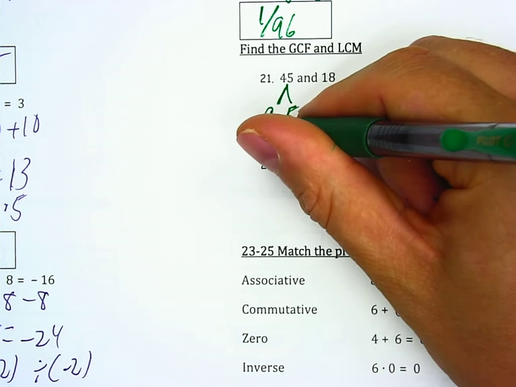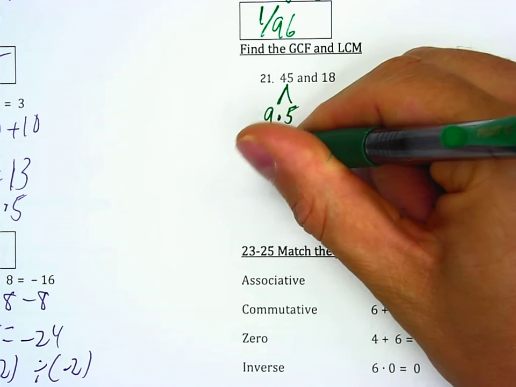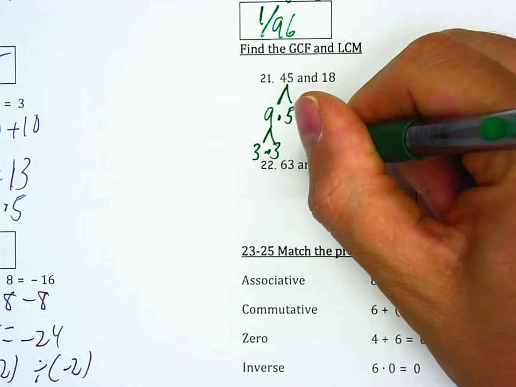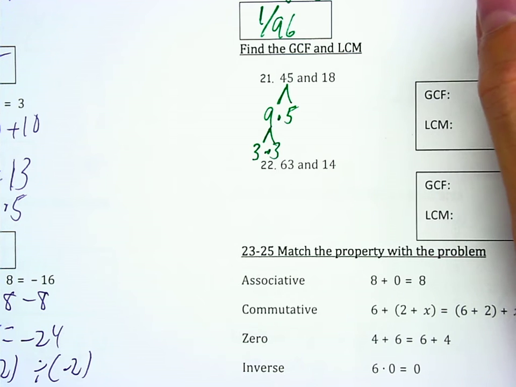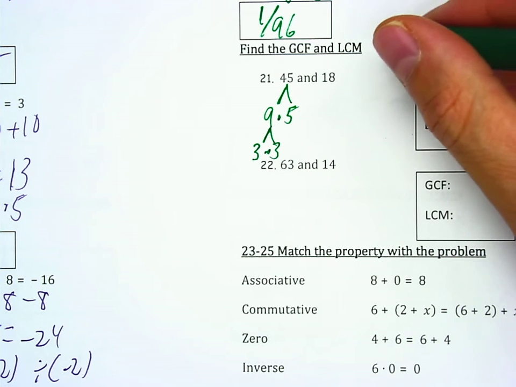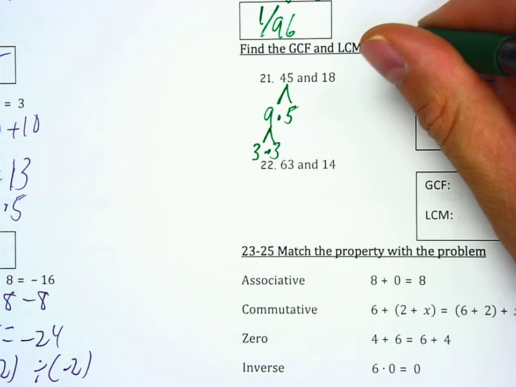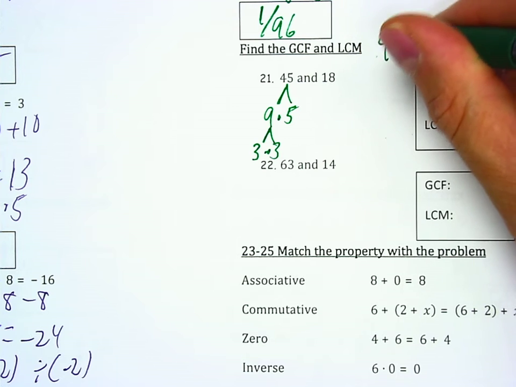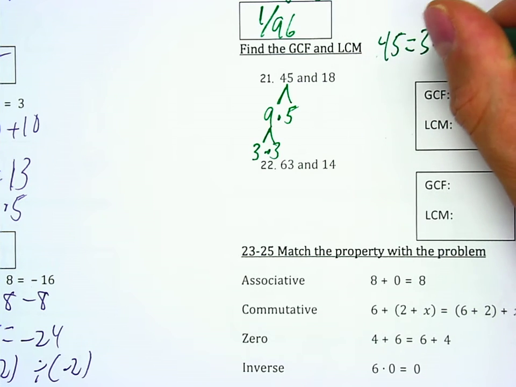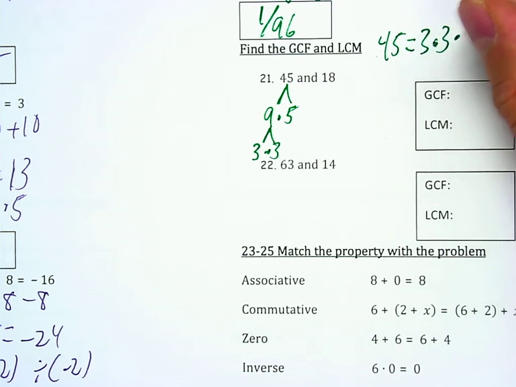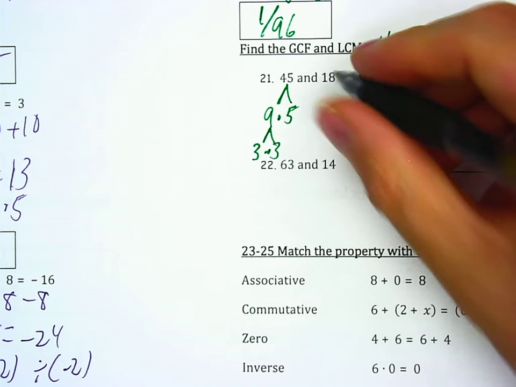And that 9 is a 3 times a 3. So in other words, a 45 is equal to a pair of 3s and a 5. So a 45 equals 3 times 3 times 5. That 18 is a 9 times a 2.